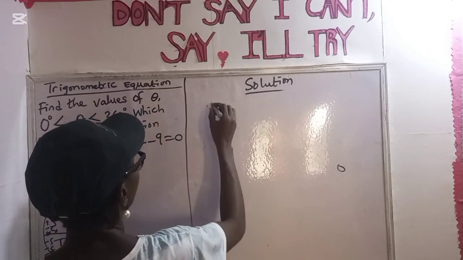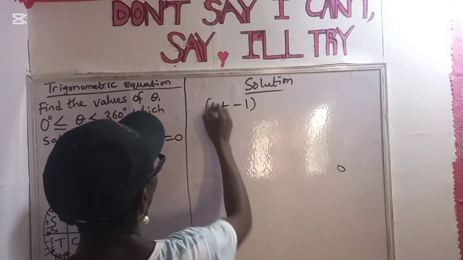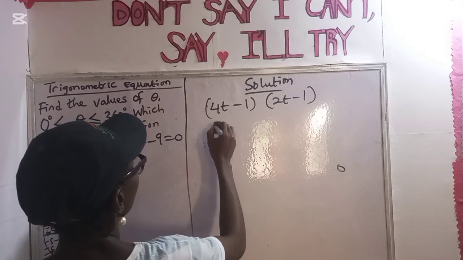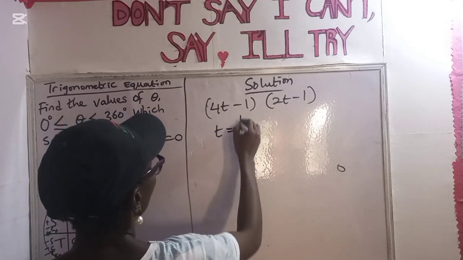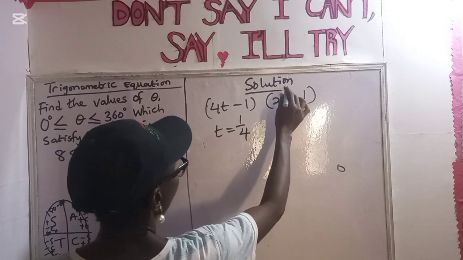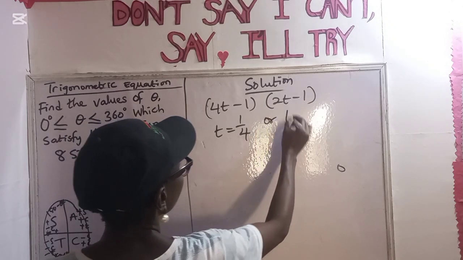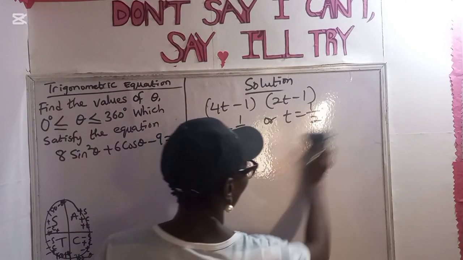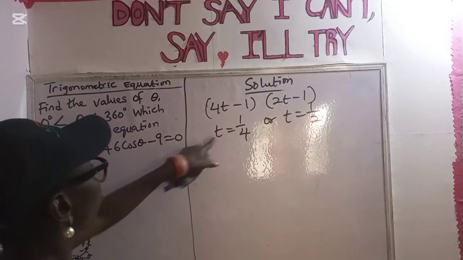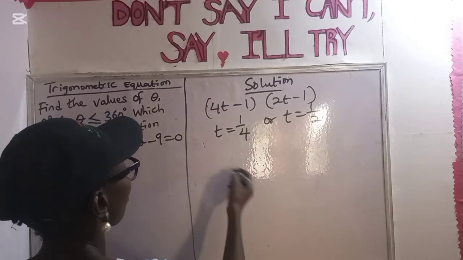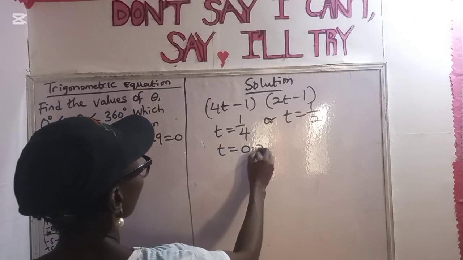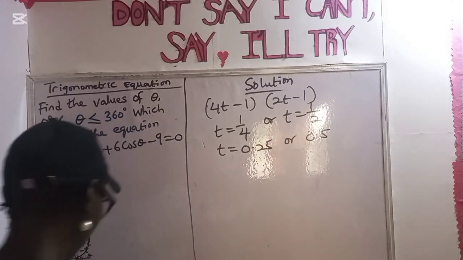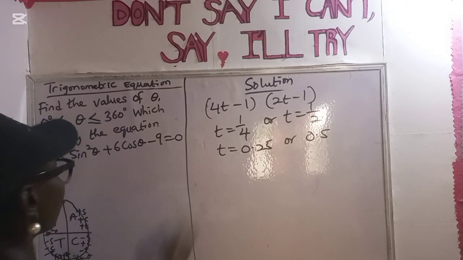Remember, we have 4t minus 1, then 2t minus 1, which means t equal to 1 all over 4, or t equal to 1 all over 2. So what is 1 all over 4? If we use our calculator, t equal to 0.25 or 0.5.